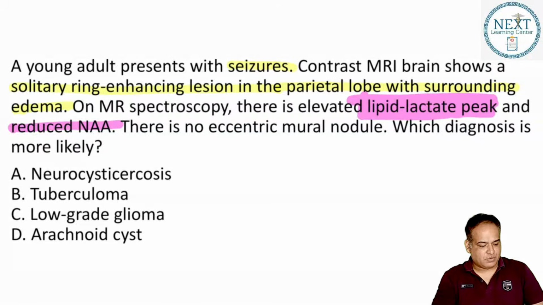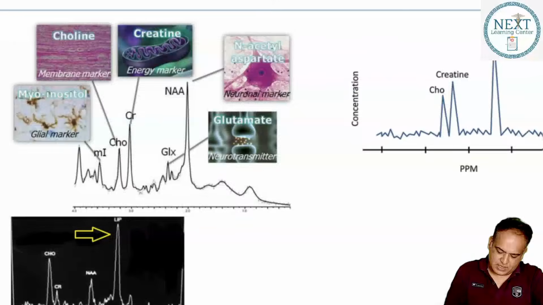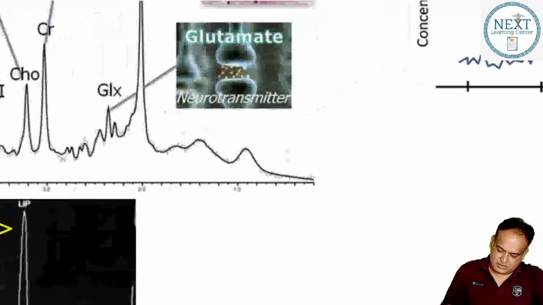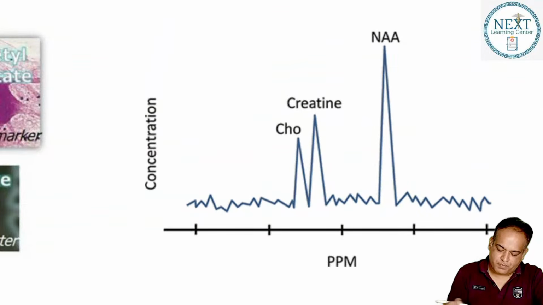MR spectroscopy, please. So lipid peaks, they are typically seen. You see here. What is the normal pattern? On MR spectroscopy, what is the normal pattern?